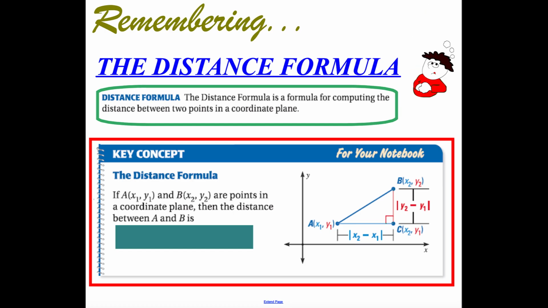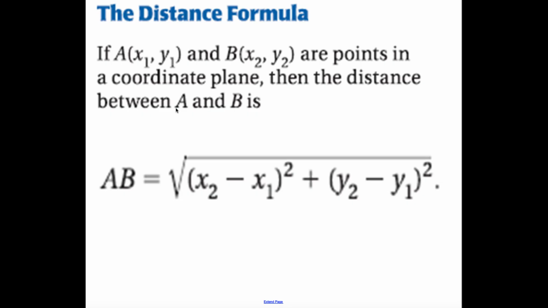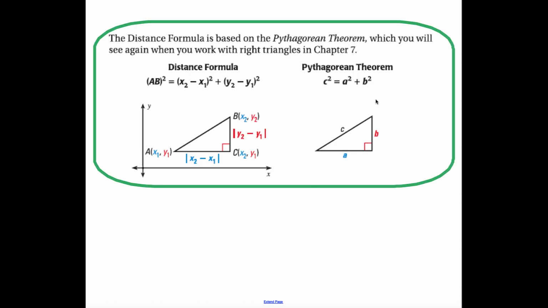All right. Let's take a look at a friend from the past, the distance formula, something you probably picked up in Algebra 1 and recently reviewed. Looks kind of like that. It's the square root of the difference between the x's squared plus the difference between the y's squared. It's really just a fancy way of writing the Pythagorean theorem. Most people remember the Pythagorean theorem from previous math classes.